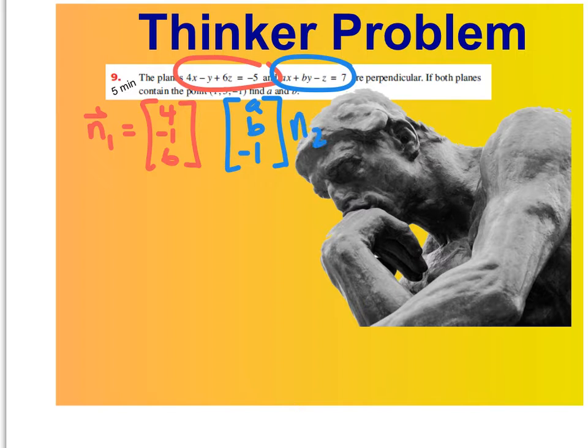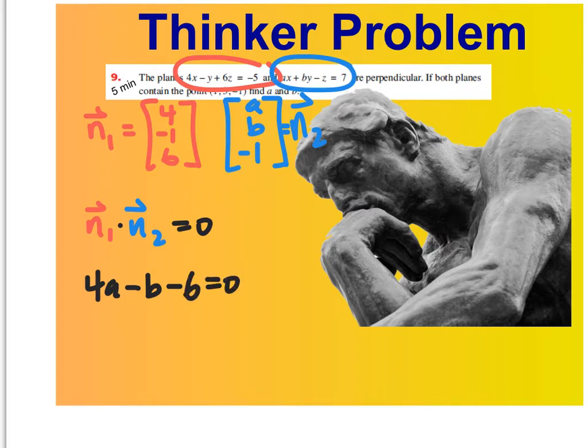Now, if they are perpendicular, then the dot product of the two should equal 0. Therefore, if I execute a dot product, I get 4A minus B minus 6 should equal 0.